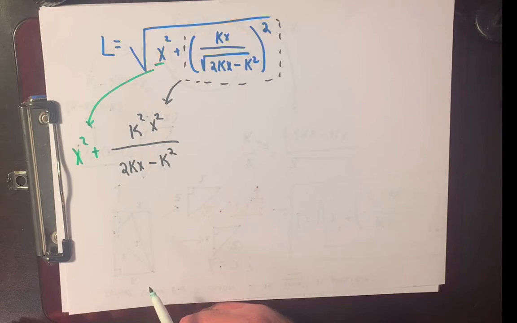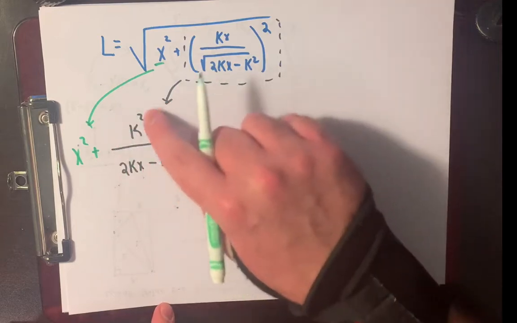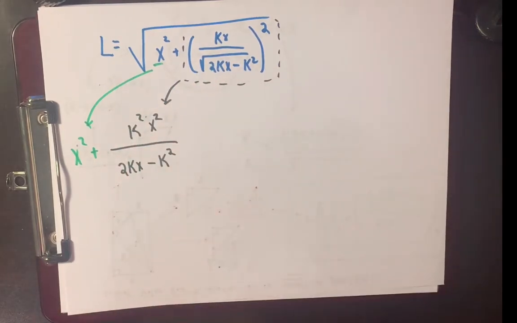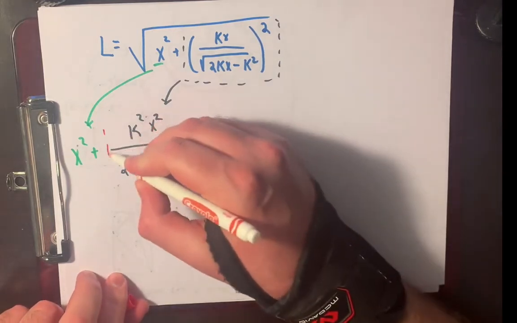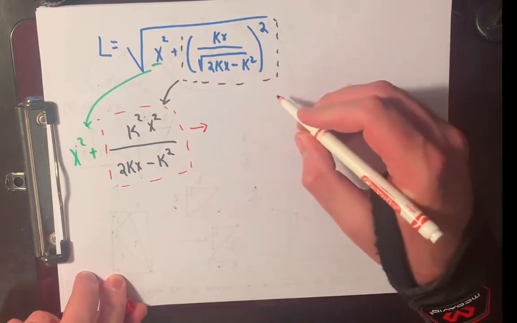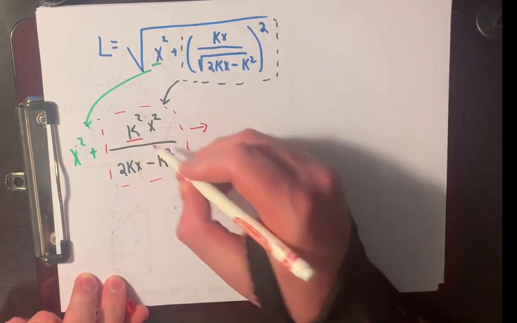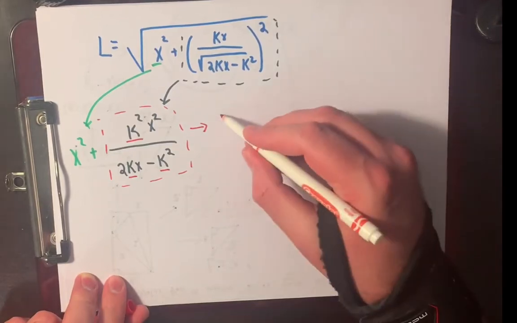Well, my first thing is I want to simplify this expression here. I want to maybe do some factoring. Factoring will always save you an extra step or two. So let's factor this one out. I see that this has a k, this has a k, this has a k. I can probably factor out the k's.